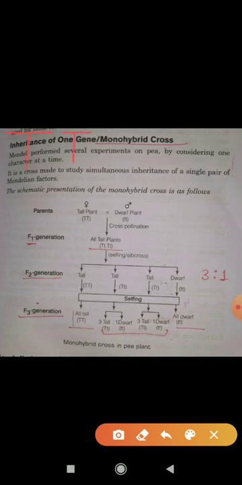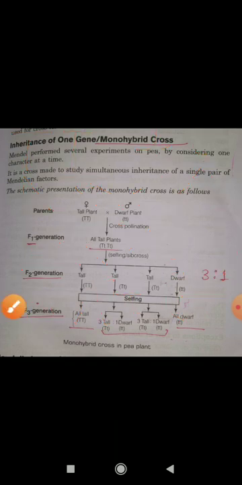This T will cross with this, so what will form? Tt. This T will cross with this, what will form? Tt. This T will cross with this, what will form? Tt. And if it crosses with this, what will form? Tt. That is clear.